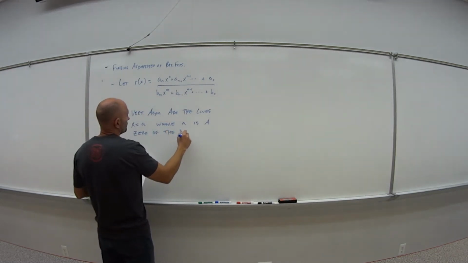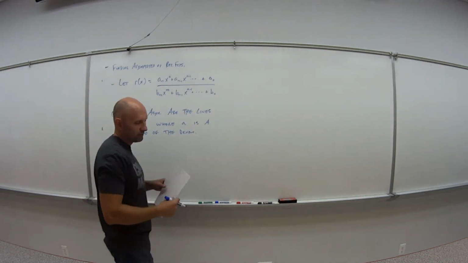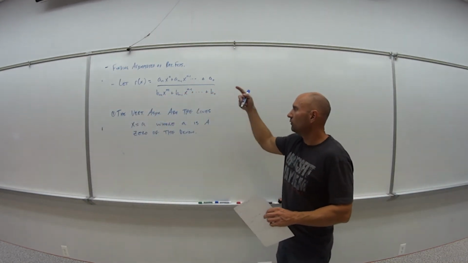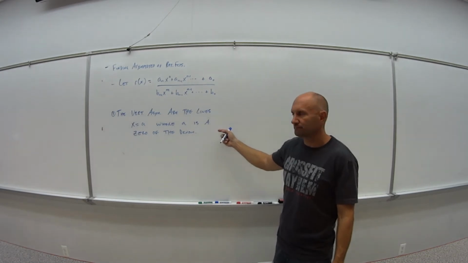So this hasn't changed. This was the same as when we started these videos for this section. Wherever the denominator is 0, that's our vertical asymptotes.